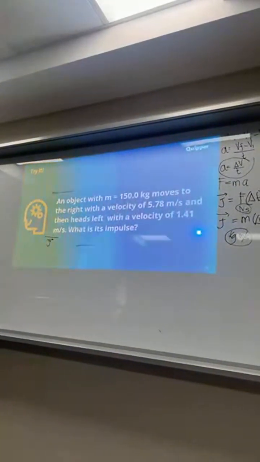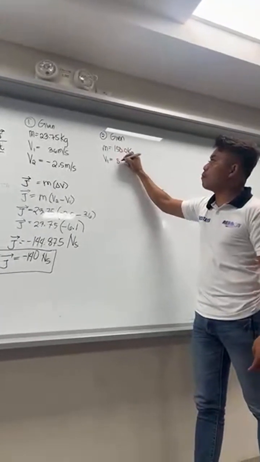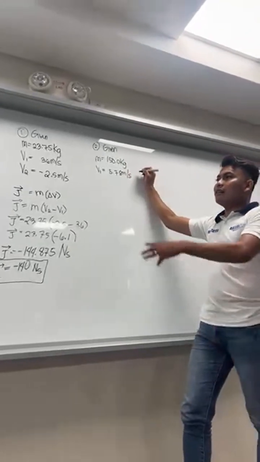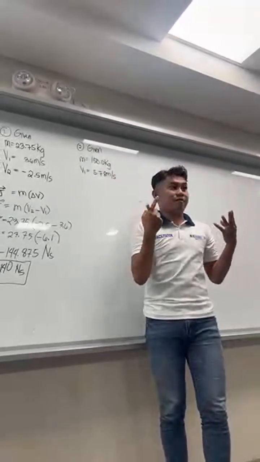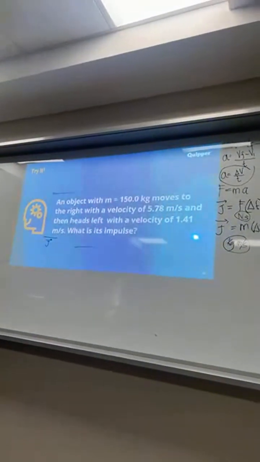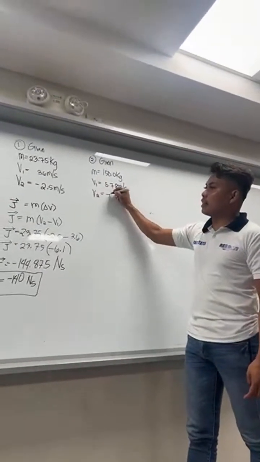That is your initial velocity, your V1, which is positive. Tama? Tama. And then heads left with a velocity of 1.41. That's your final velocity, which is negative 1.41 meter per second.